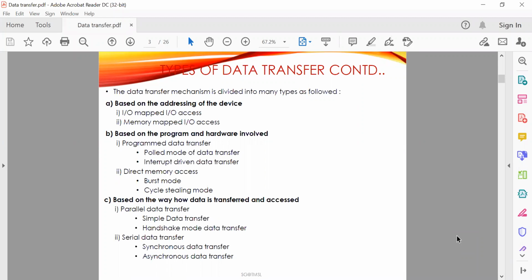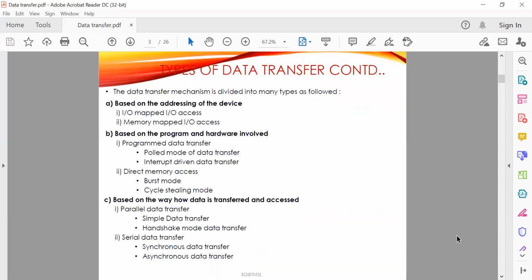For example, STA and LDA related instructions, and M related instructions like MOV A comma M, MOV B comma M, MOV M comma B, MOV M comma C. Since the IO devices take some of the memory address space, the maximum memory addressing capacity is reduced in this system. So preferably IO mapped IO technique is used compared to the memory mapped IO technique.